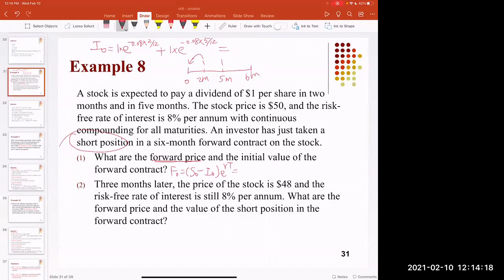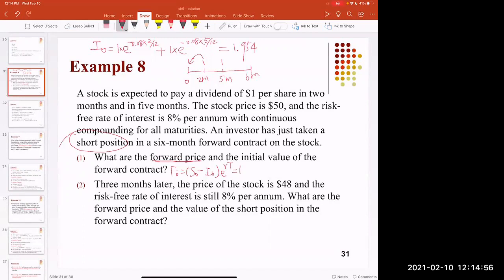Is I0 $1.96? Yeah, $1.96 or 1.954. You can keep 1.95, that's fine.